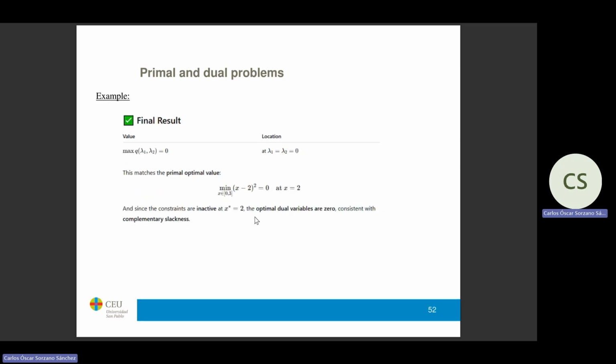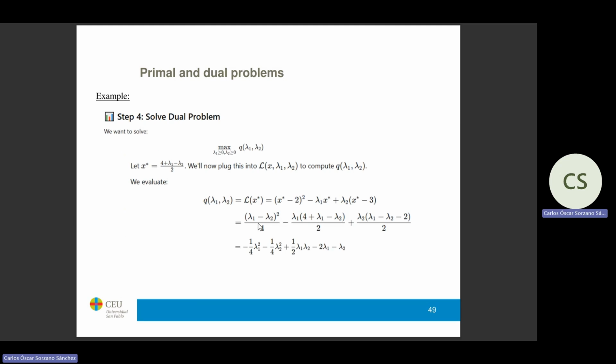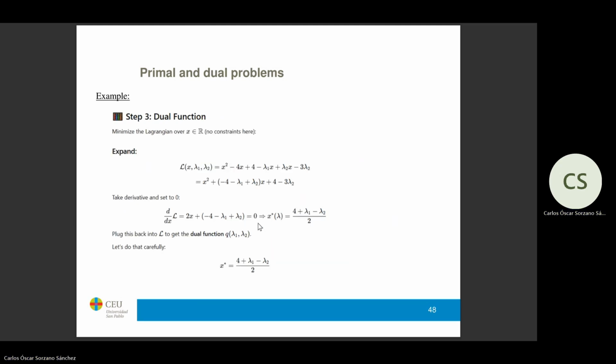So now we come back to the goal function. If you give me lambda 1, lambda 2, the best x is this one. So this we already solved at the beginning.